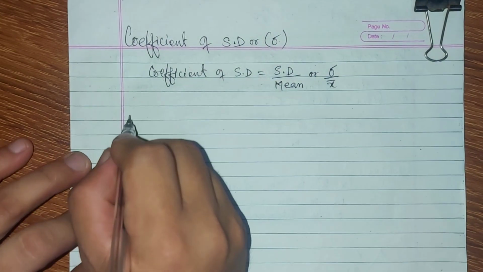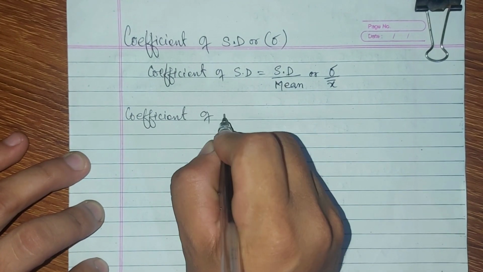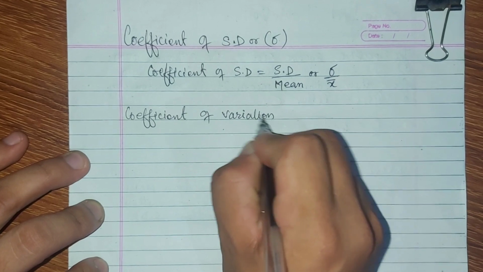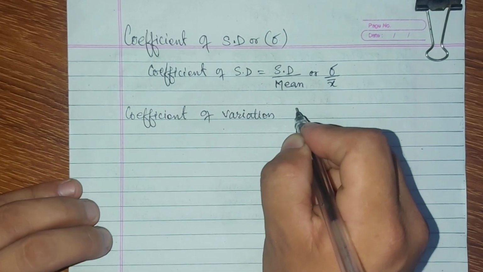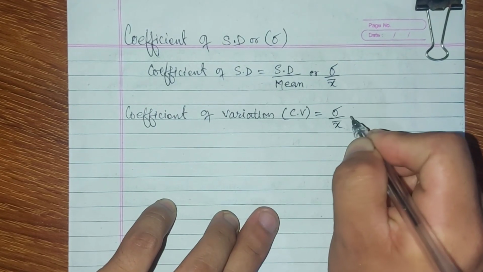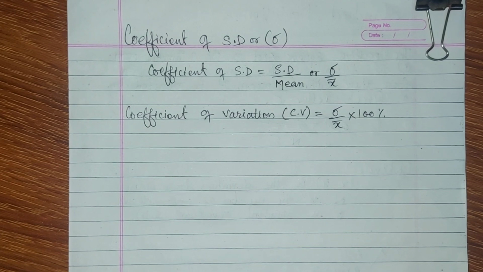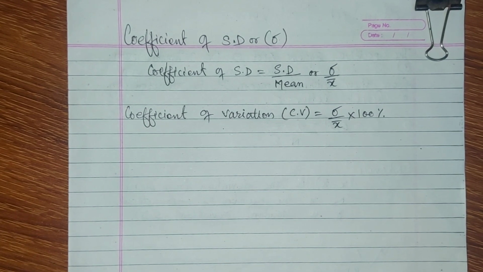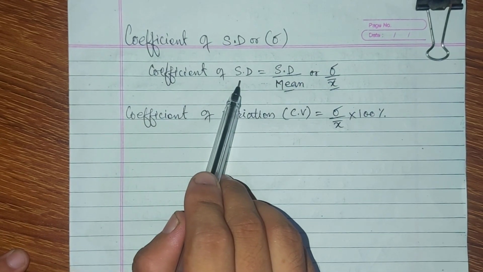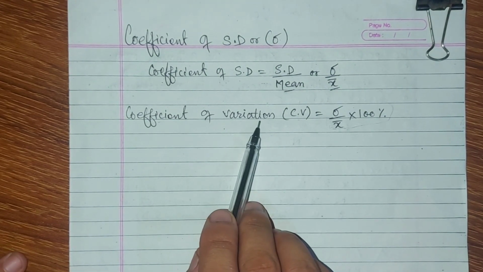Mean coefficient of variation, coefficient of variation. यो फर्मुलाले हामीलाई coefficient of standard deviation find गर्न help गर्छ अनि यो फर्मुलाले coefficient of variation find गर्न help गर्छ.